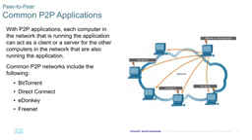Common peer-to-peer applications, as I mentioned, include BitTorrent. With a peer-to-peer application, each computer in the network that is running the application can act as a client or a server for the other computers in the network that are also running that application. Other common applications besides Torrent are Direct Connect, eDonkey, and Freenet. They are all peer-to-peer networks. For this class, you don't need to memorize these clients.